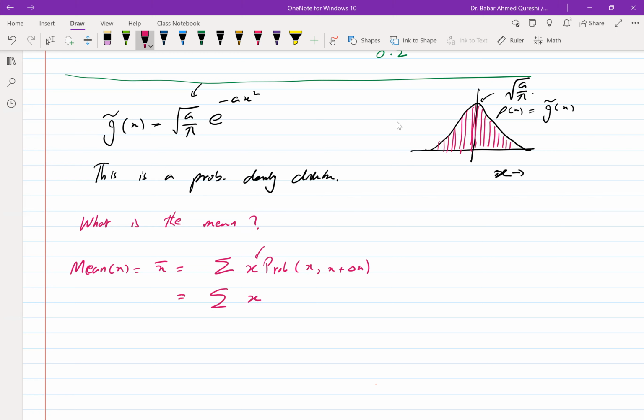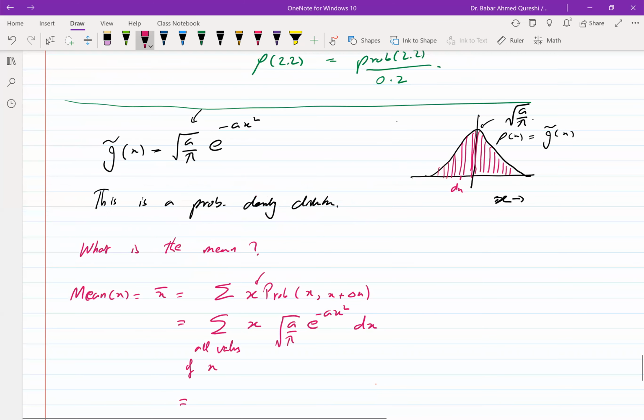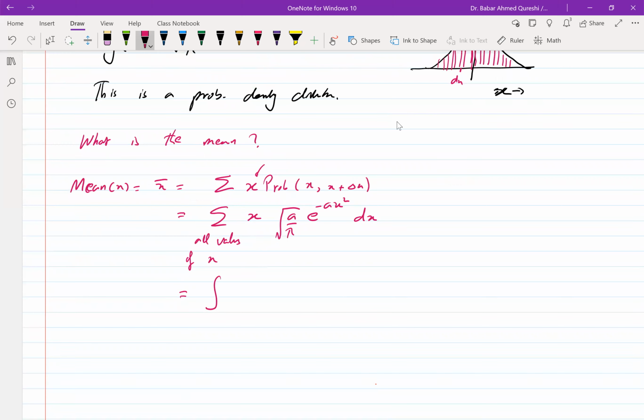The probability is given by this probability density multiplied with this small size dx. And then you sum over all values of x. So this is like finding this area but with this extra x. So this is this integral.